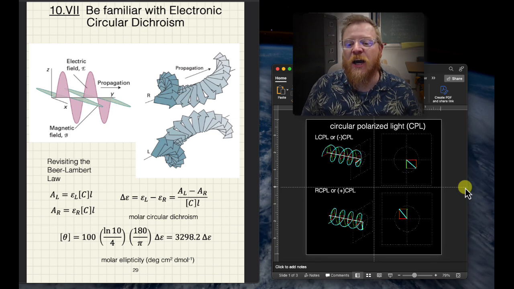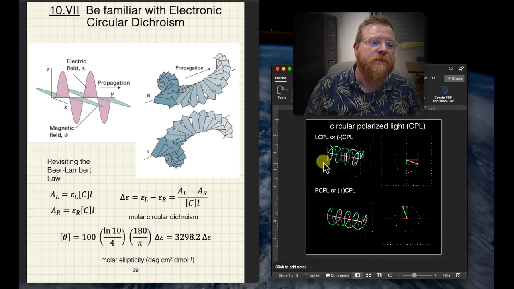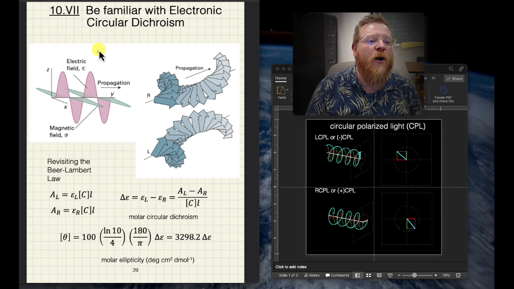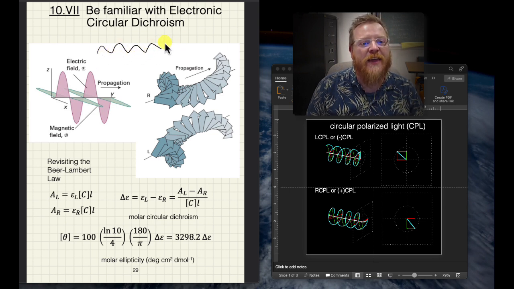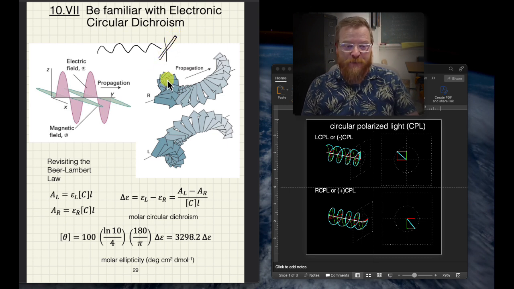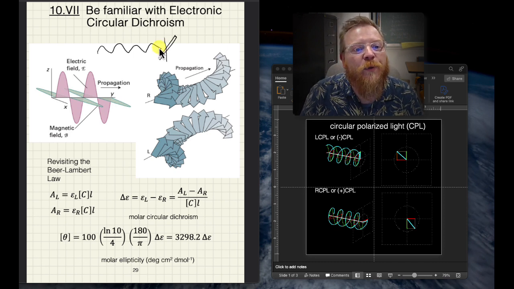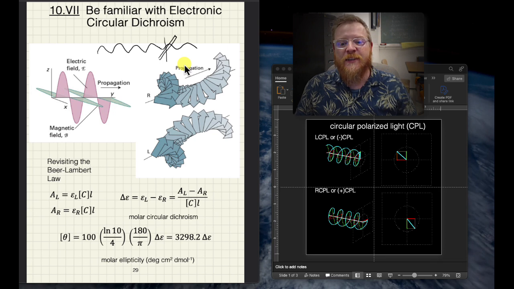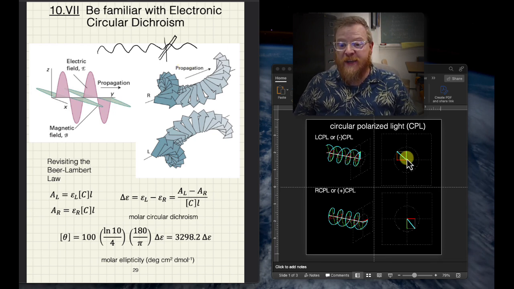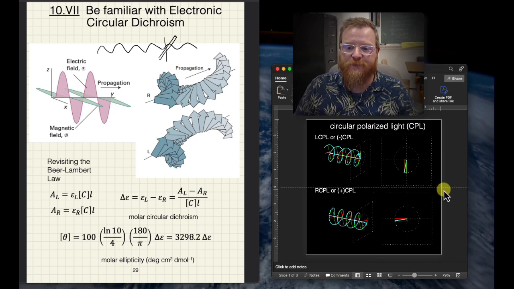This is typically done with a quarter wave plate. So in other words, we would have our plane polarized light coming in, and relative to that beam, if this is 90 degrees to the beam, we would put a 45 degree little slit like that, and going through that slit, it creates this interference which makes circular polarized light.